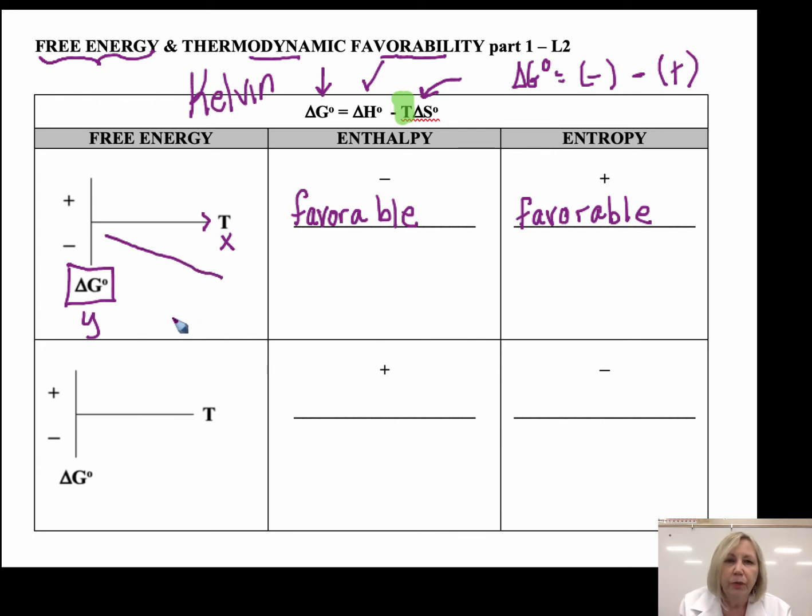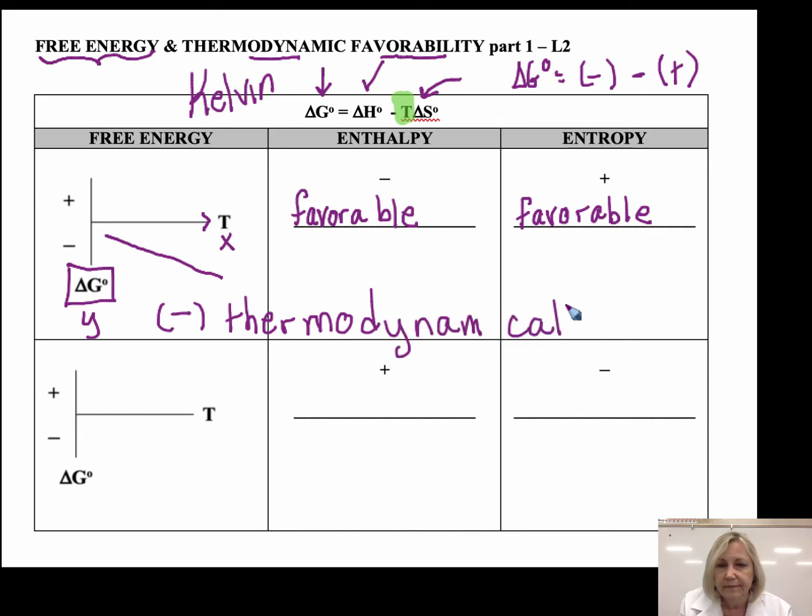So delta G would be negative for what we call a thermodynamically favorable process. That means that equilibrium products would be favored.